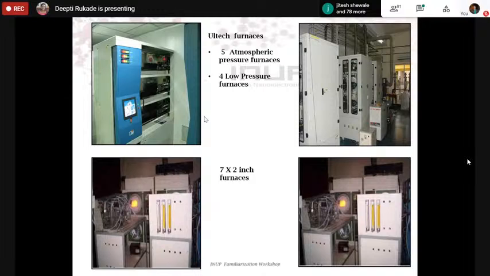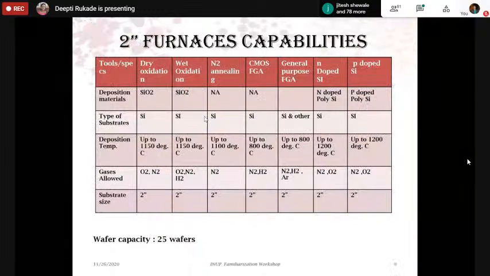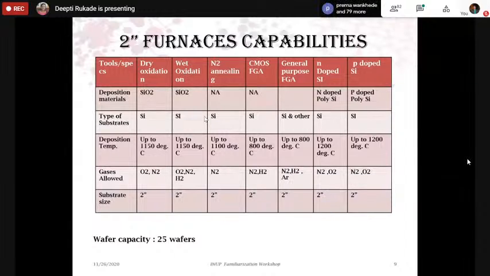at IITB NF. We have 2-inch furnaces, and I'll go in order column wise. We have dry oxidation and wet oxidation. The difference is, we have an oxidation furnace. When we talk about dry oxidation, you have a silicon wafer in the furnace tube, and it is heated at a very high temperature.